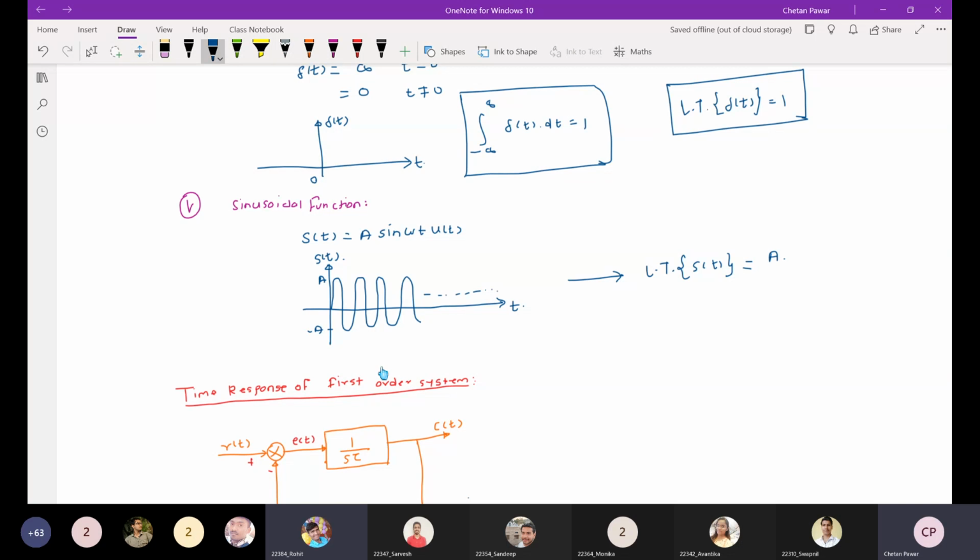A upon s square plus A square. No, it is sin omega t. Omega upon s square plus omega square, into A. Okay.